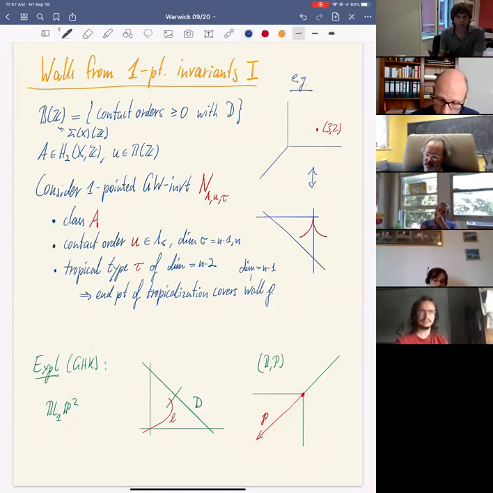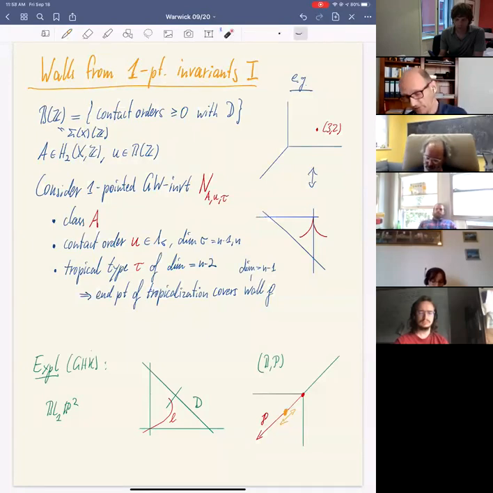Now in Yixian's talk, she had this evaluation map, and the evaluation map took a point on this puncturing leg, which here is a marked leg, and you vary it, and that will sweep out that leg. And you define your wall, P, by the image of the endpoint of this tropicalization. Okay. So let's repeat this because it's a little dense here.